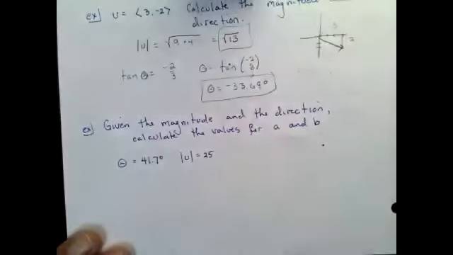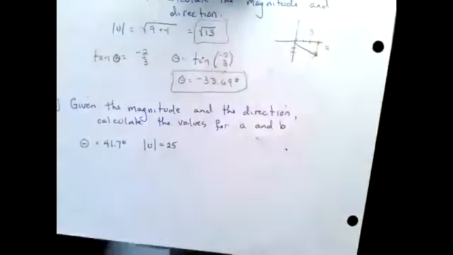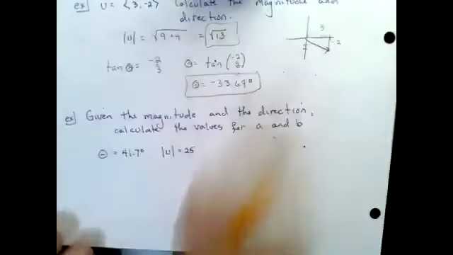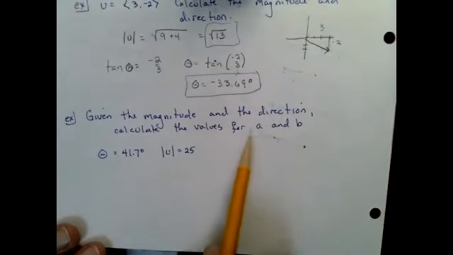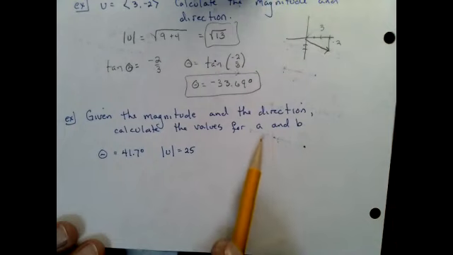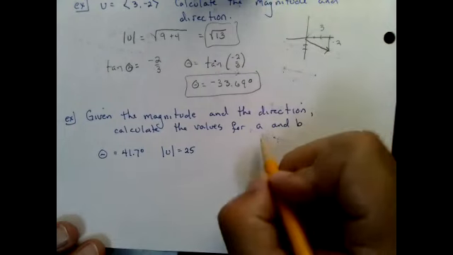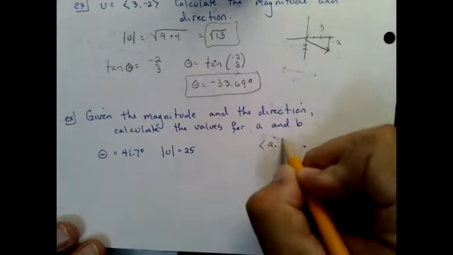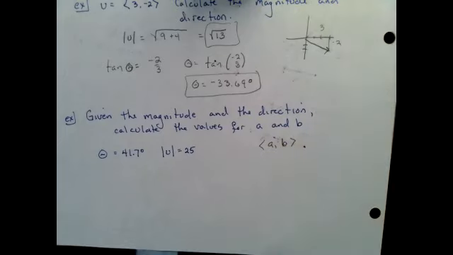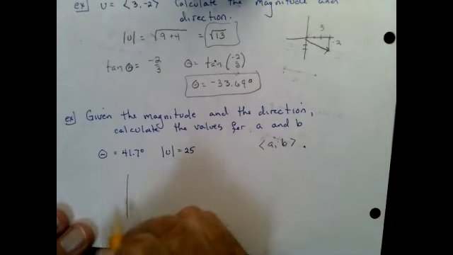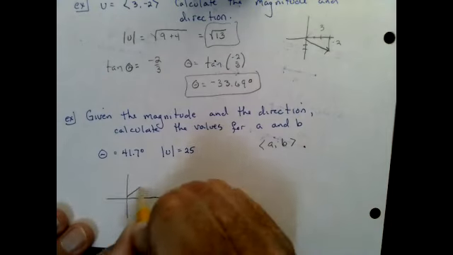All right, we have time. I'm going to do this last one. I think it's kind of cool. Given the magnitude and the direction, calculate the values for A and B. What are my horizontal and vertical components? A million times I said, if you're not sure, draw the picture. I'm drawing the picture.